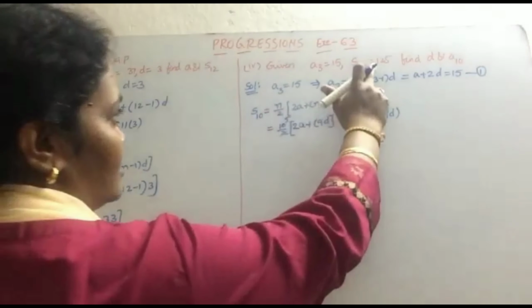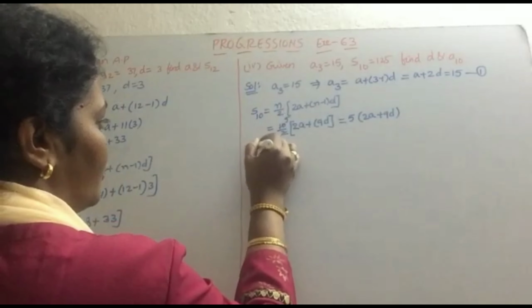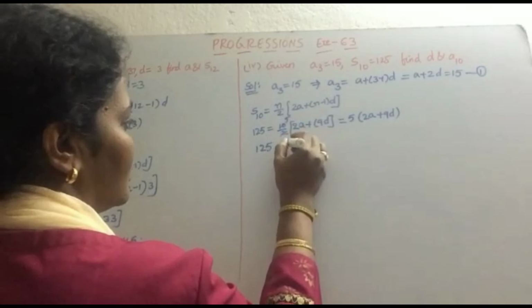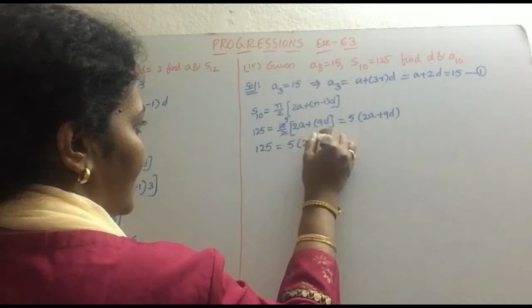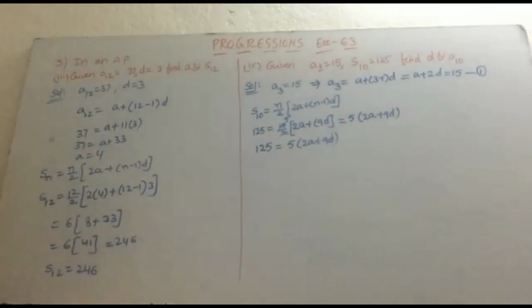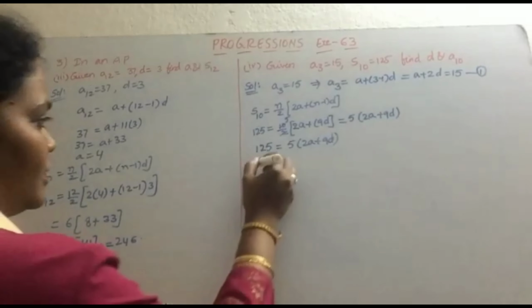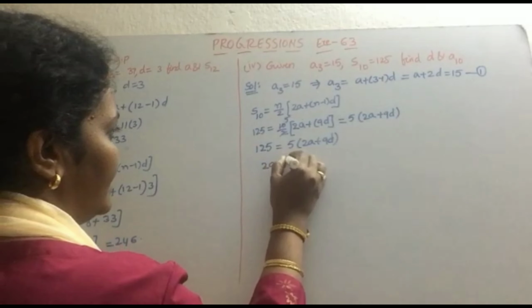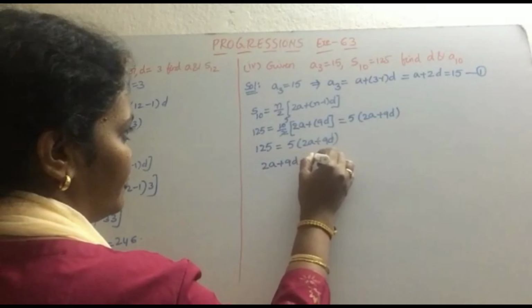So they gave S10 is equal to 125. So 125 is equal to 5 into 2a plus 9d. So 125 by 5, that is 25. So 2a plus 9d is equal to 25.